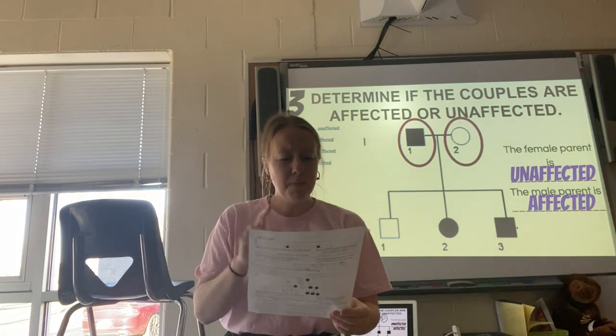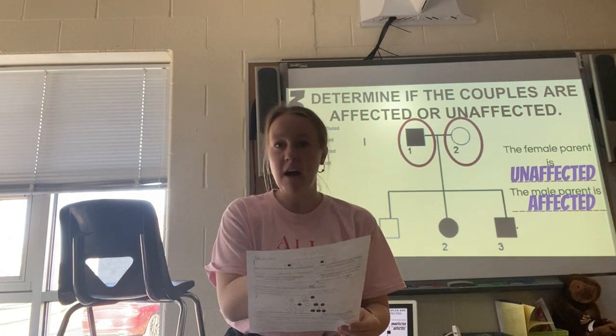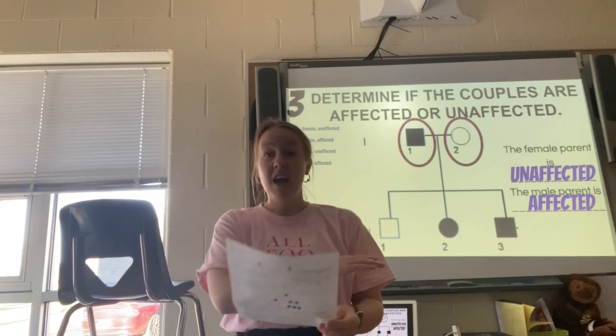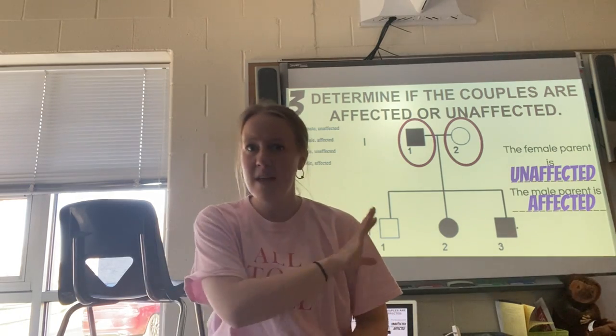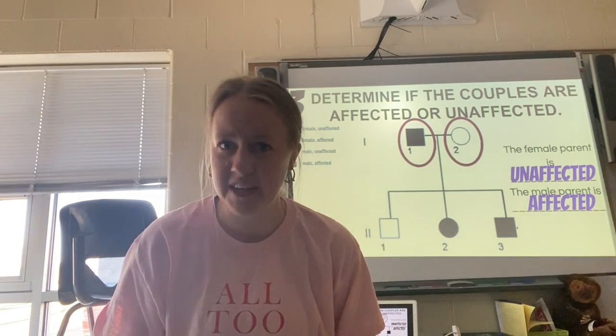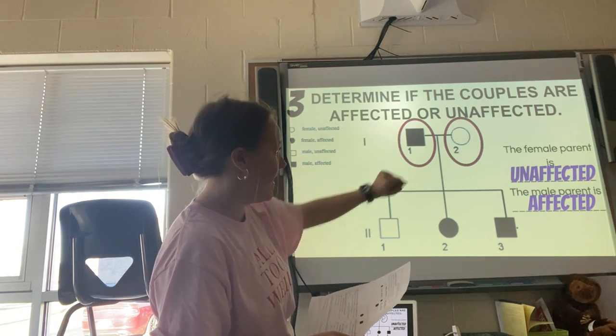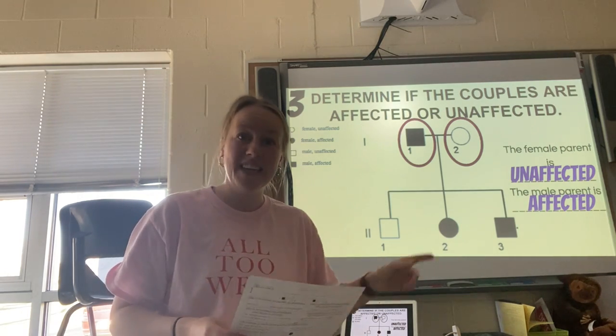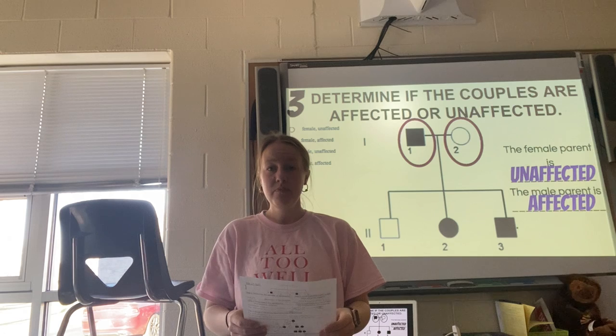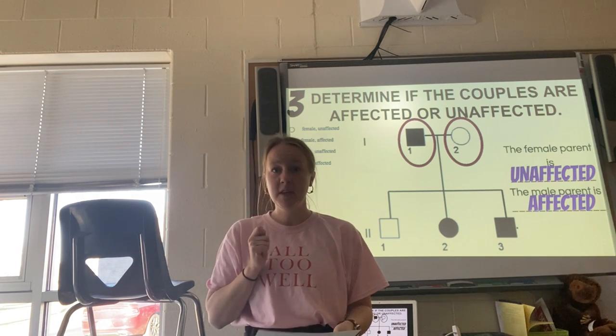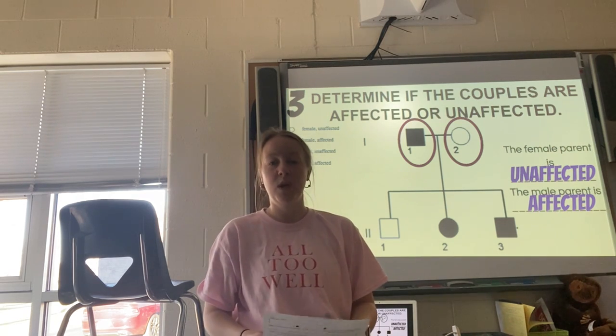So I look up at the top, circle, not filled in. That's a female, and they are unaffected, meaning that they don't have that trait. So the female parent is unaffected, the male parent is affected. Pick up your pencils and copy down what is written on the board.